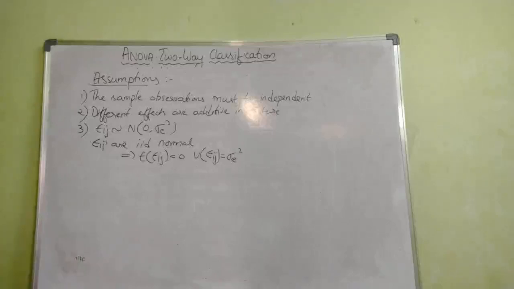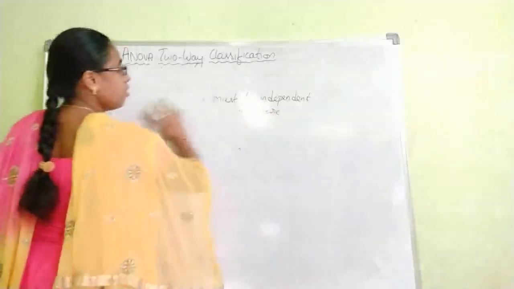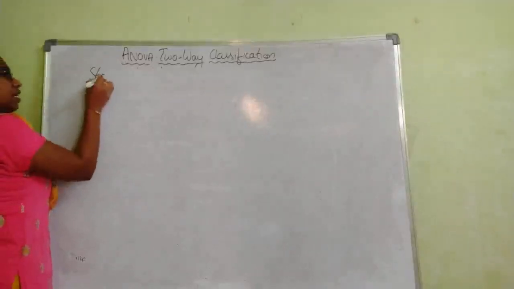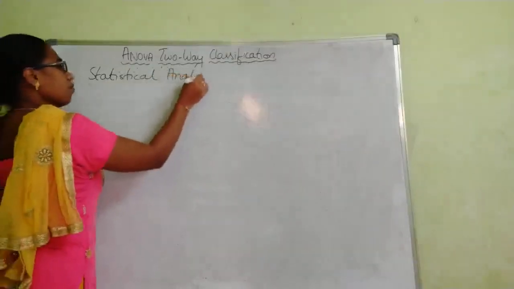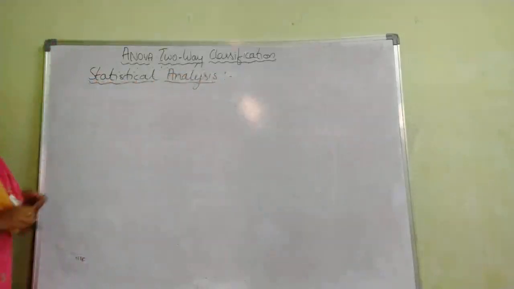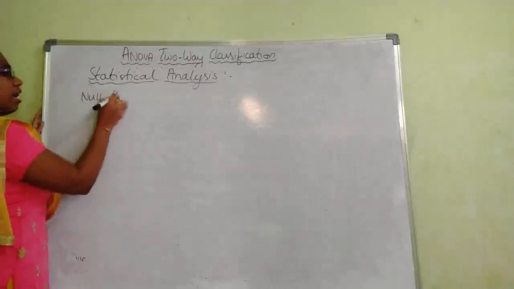Next we have to perform the statistical analysis of the two-way classification. In the statistical analysis, first we will define the null hypothesis and also the alternative hypothesis. The first step is to define our null hypothesis.